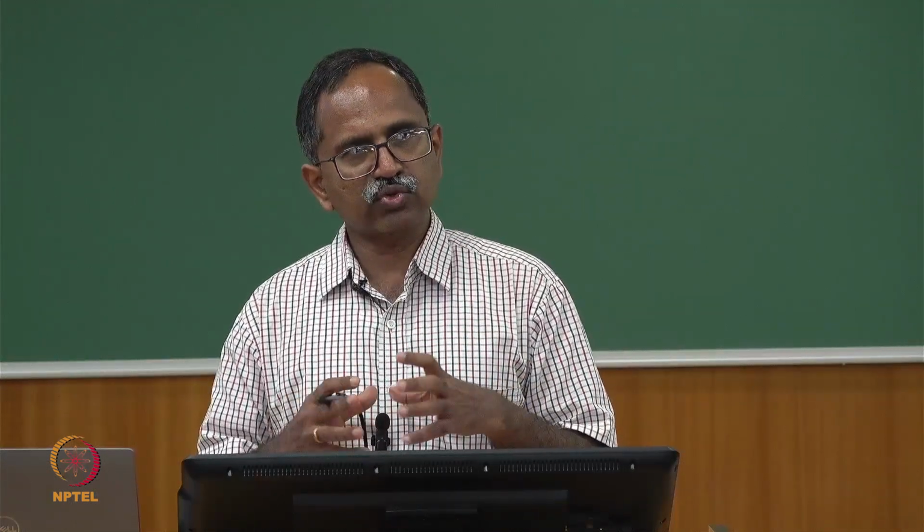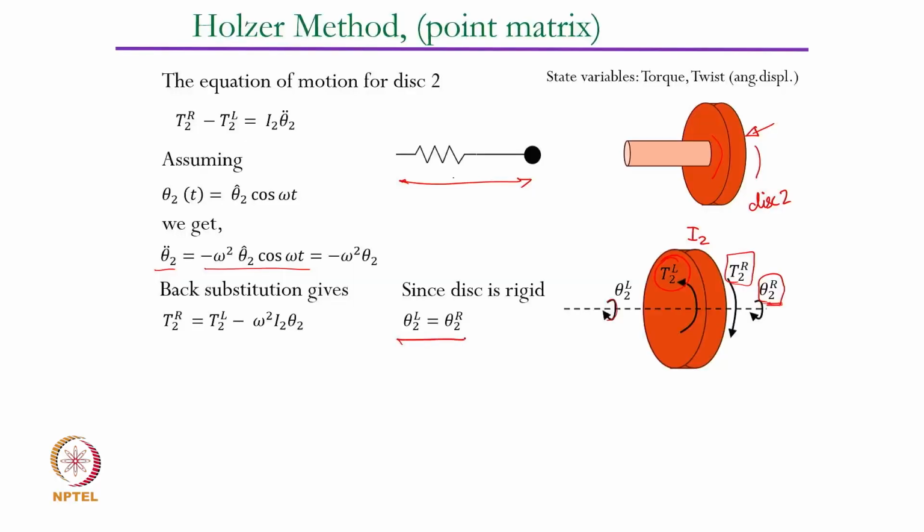The disc does not store any strain energy, it only contributes to the kinetic energy. With that logic, on both sides of the disc the twists are identical. What it actually means is that if you have another shaft here, then the twist in the left end of this shaft is going to be the same as the twist on the right hand end of the previous shaft, and across the disc there is no relative twist, okay.